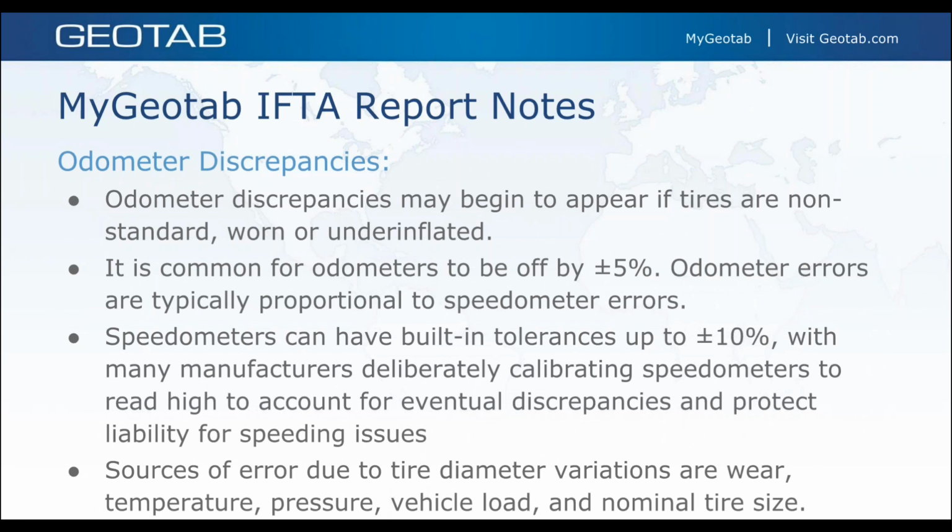You can replace the tires with snow tires, tires can get worn out, maybe they're not full, perhaps the vehicle load is much higher than expected. All of these things can contribute, and even a slight amount can lead to up to a 5% or 10% error in the odometer.